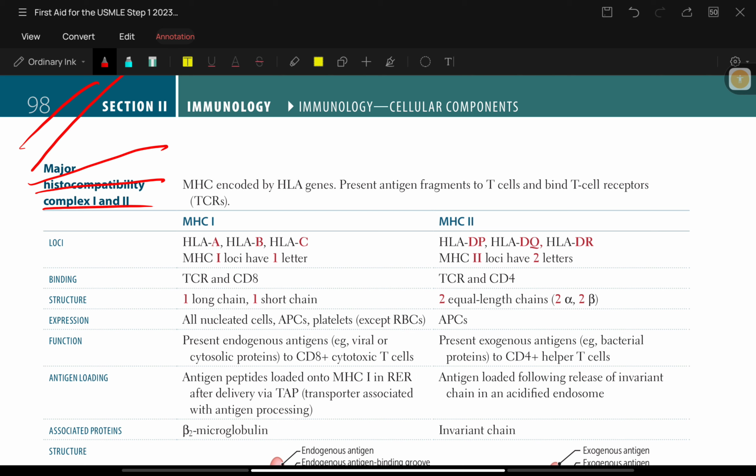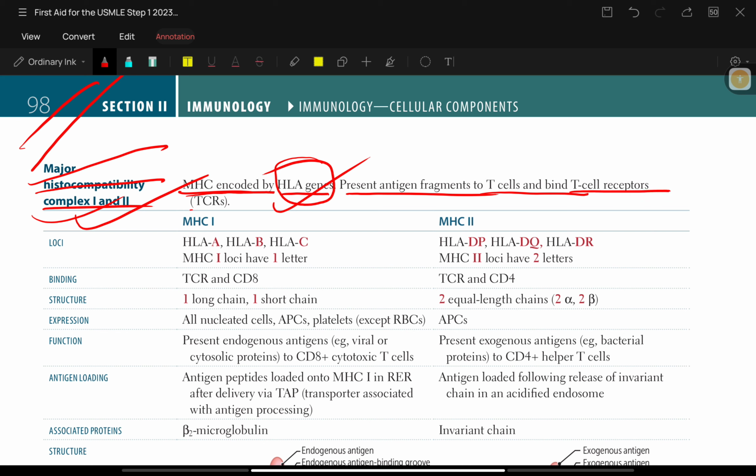Now talking about major histocompatibility complex, that is MHC, it is encoded by HLA genes. MHC encoded by HLA genes presents antigen fragments to the T cells and binds T cell receptors, that is TCRs. So T cells generally have T cell receptors.